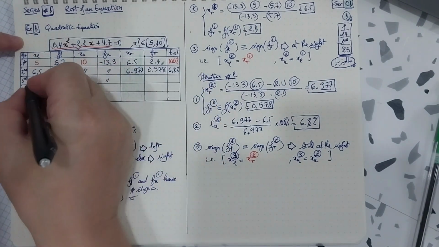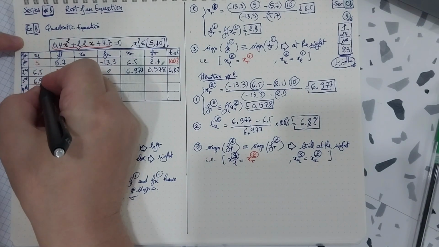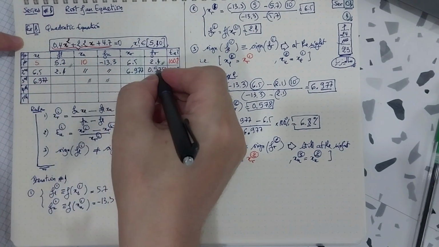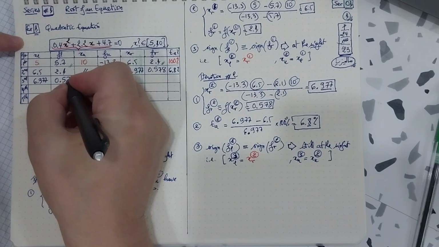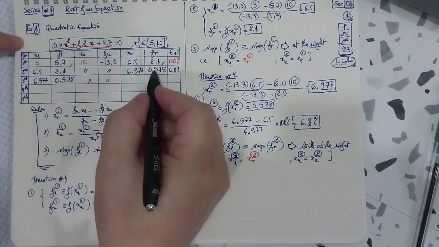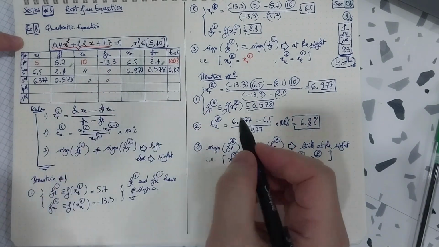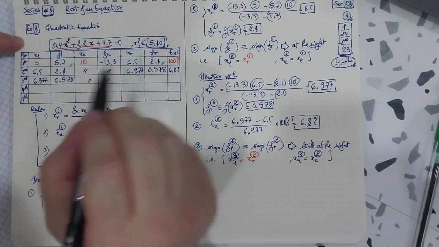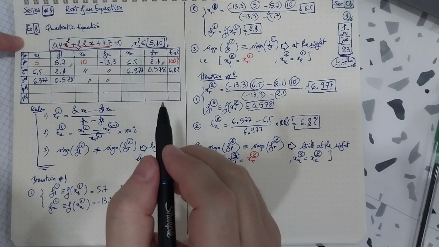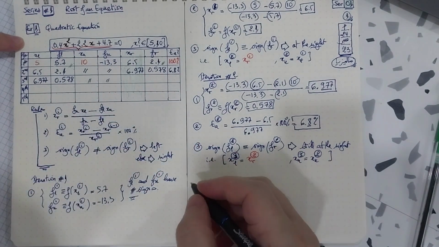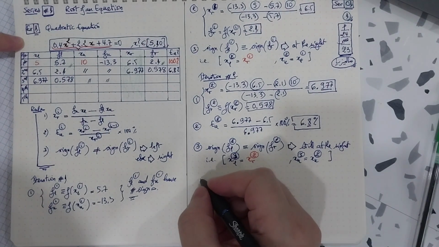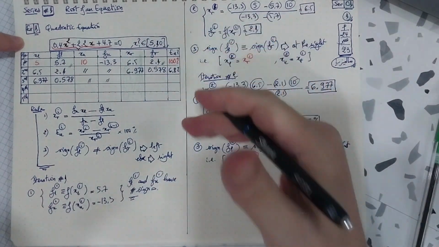So 6.977 and 0.578. I check it again. Okay, and then we can apply the Abou Kamel's formula. We need these four cells. So for the other iterations, we will not repeat the same points.